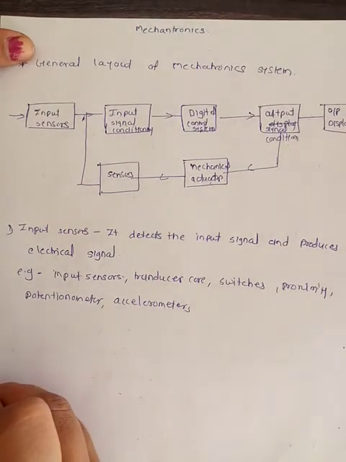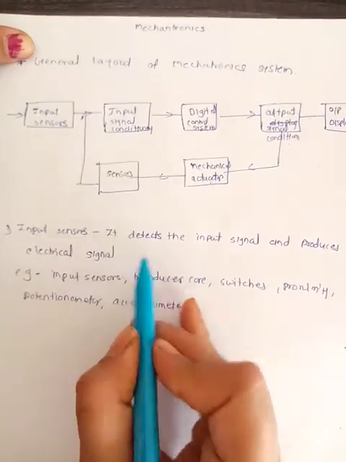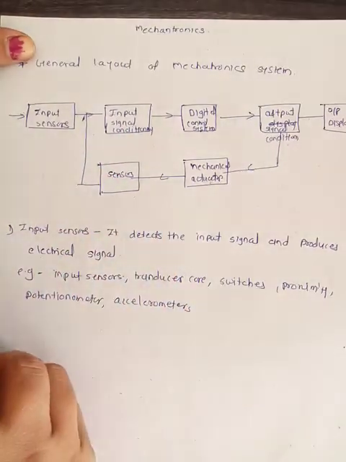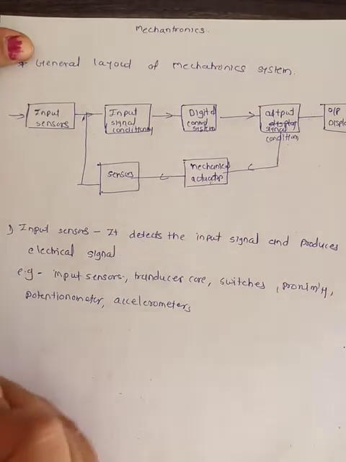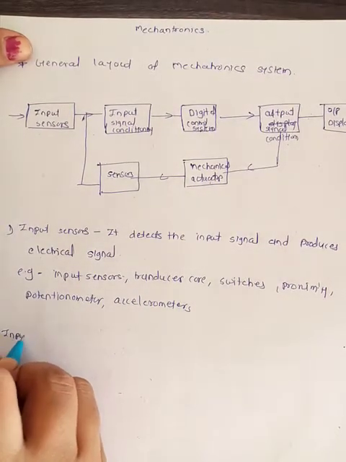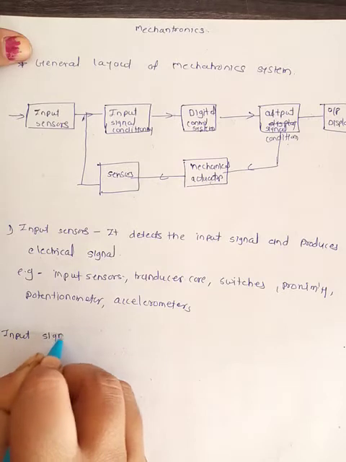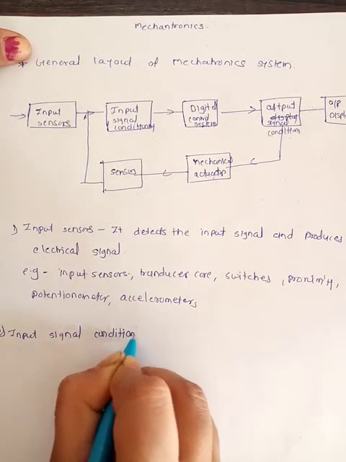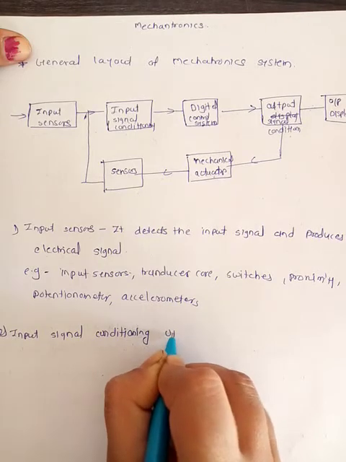Next, this electrical signal is passed to the input signal conditioning. The next component is the input signal conditioning unit. What is the function of this unit?